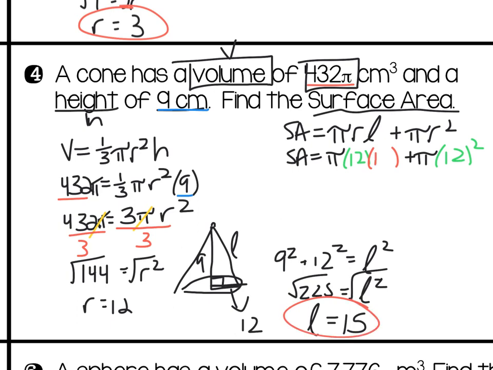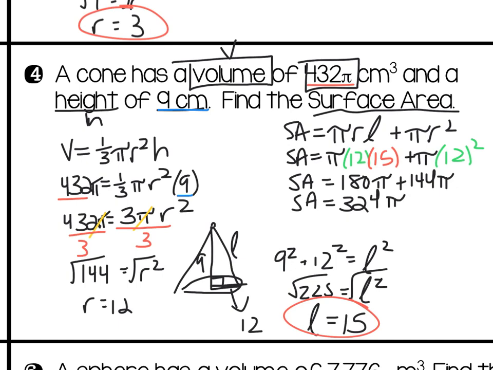And now I have what I need to put in my formula. So surface area equals 180 pi plus 144 pi. So surface area equals 324 pi.